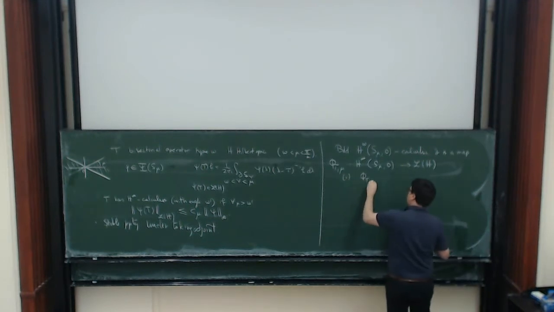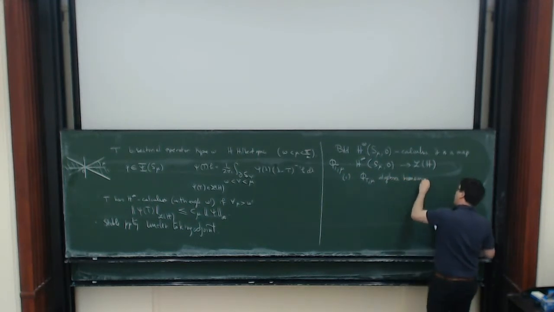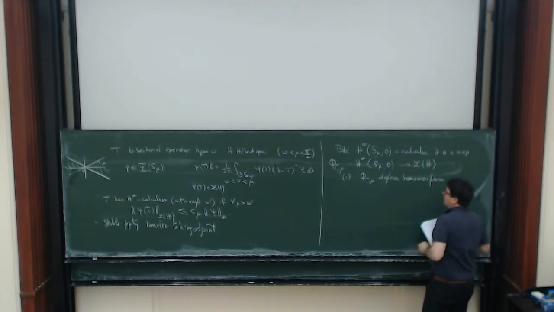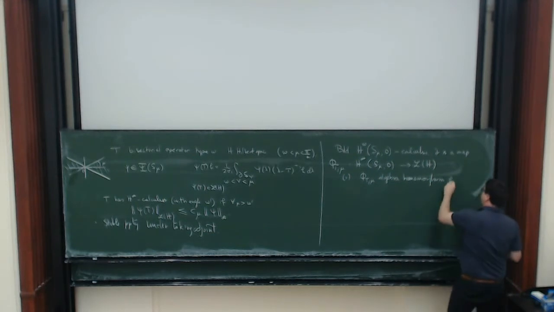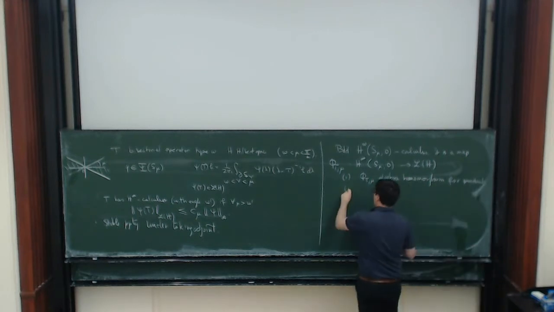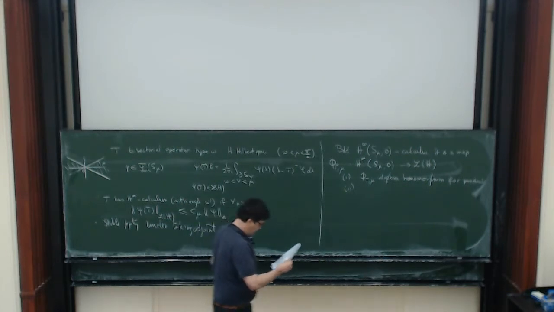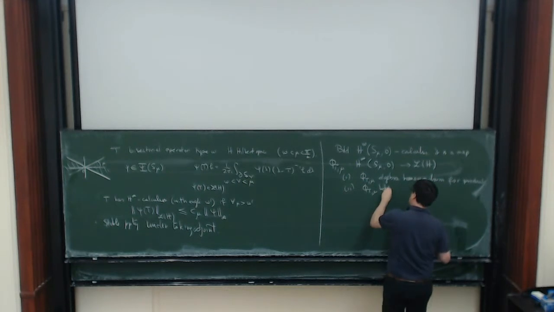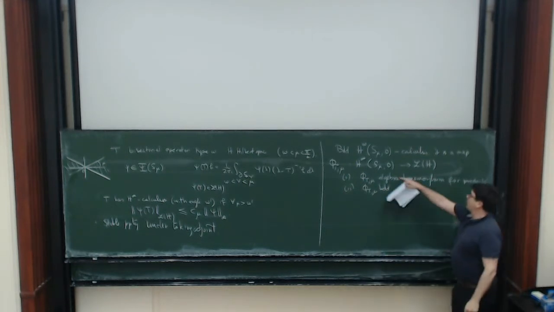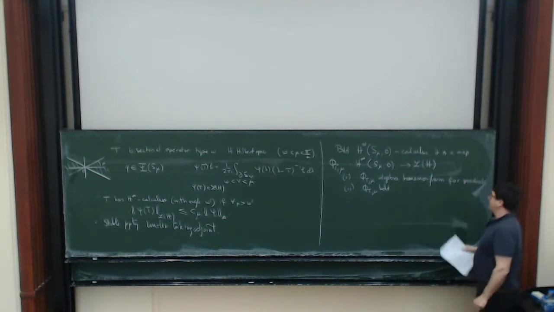So it's an algebra homomorphism. It's a linear map, of course, and it respects the product. It should be bounded, so from this Banach space equipped with the sup norm into L of H equipped with the operator norm.